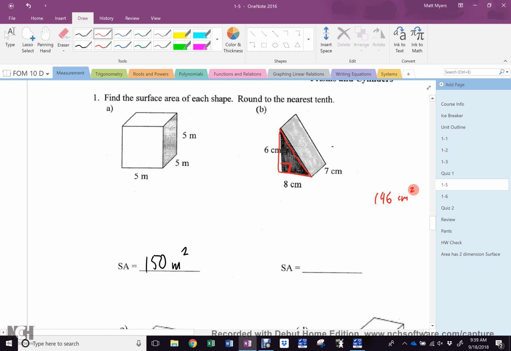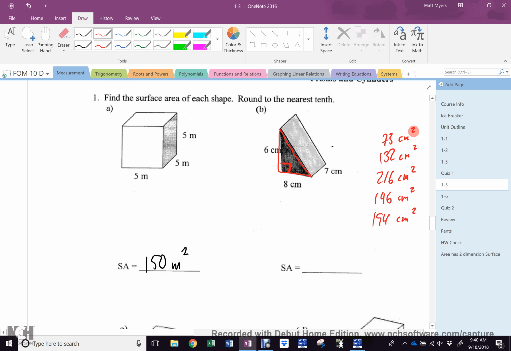Holly, what do you have? 194. Does anybody else have a different number than that? Toby, what do you have? 216. Does anybody have a different number than that? Dan? 132. 132 centimeters squared. And Gervir? 73 centimeters squared.